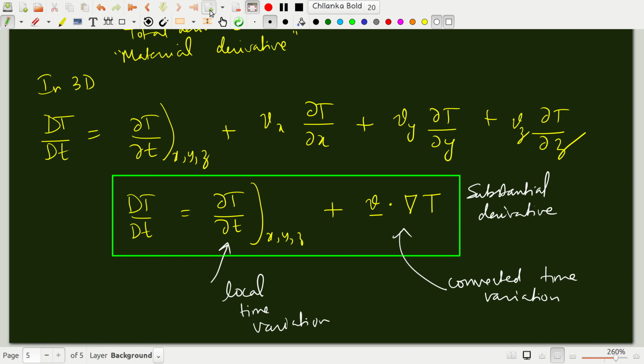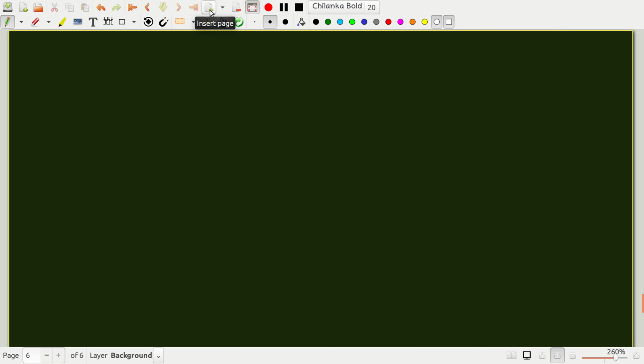Now I'm going to discuss very briefly another very important topic, the notion of exact and inexact differentials. This is of great importance in thermodynamics, so I'll spend a few minutes on this.